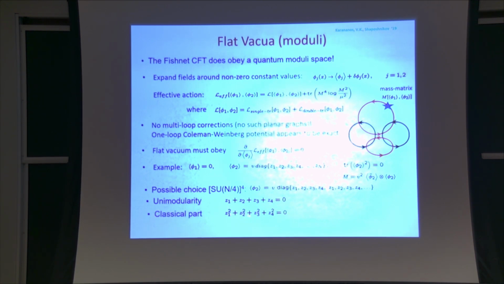Then the classical part should be 0, it's simply the sum of them is 0. This is this condition. And then if you take into account the quantum part, you also have to obey this kind of relation, and you happily find the solution. Z4 is just a normalization because they are homogeneous. You choose it to be -1, and then you find some solution.